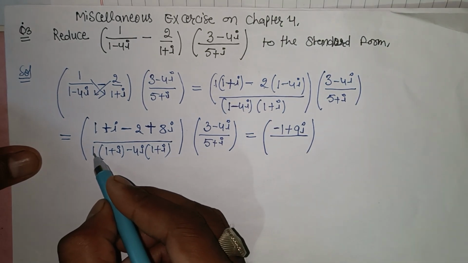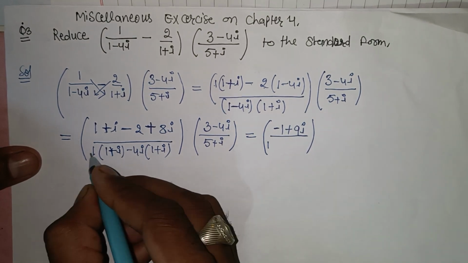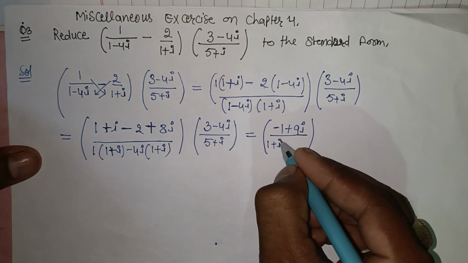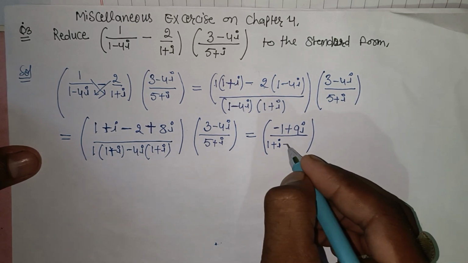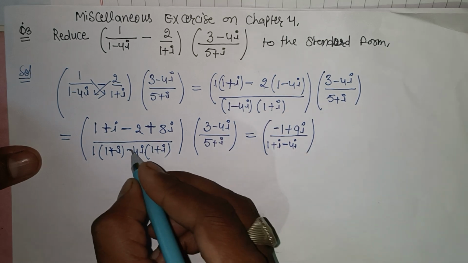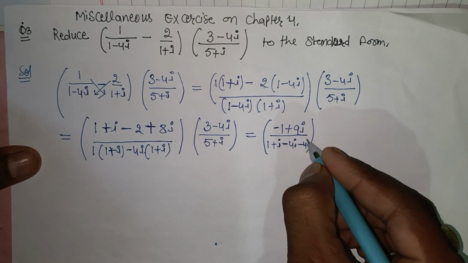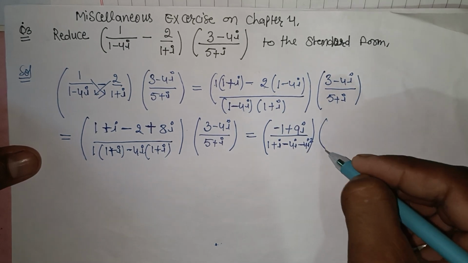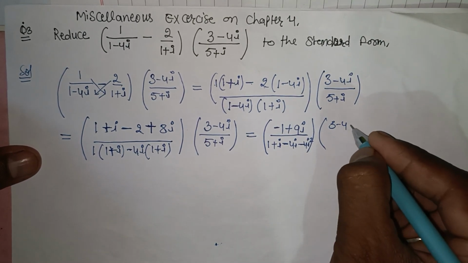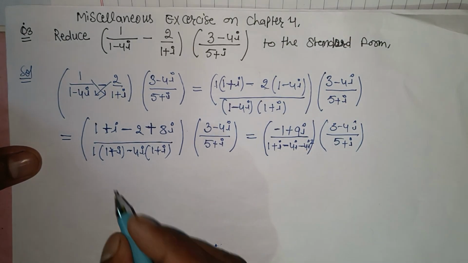Now we distribute the denominator: 1 ones of 1 plus 1 into iota, that is iota, then minus 4 iota ones are 4 iota, and minus 4 iota into iota is minus 4 iota square. The remaining term is 3 minus 4 iota upon 5 plus iota.